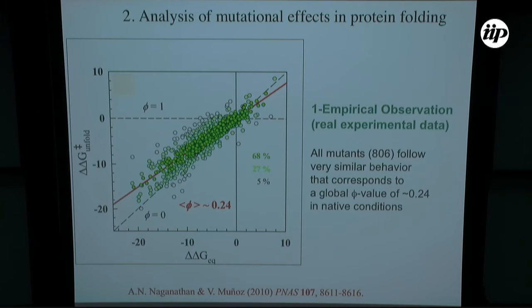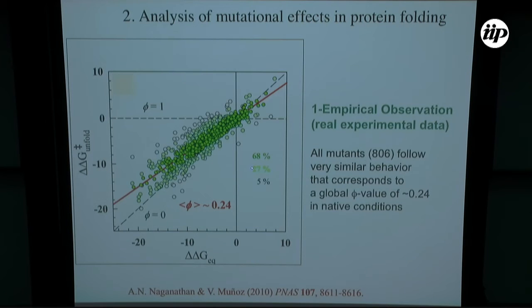So these are real experiments. This is the delta G in equilibrium. This is delta G for the kinetics of unfolding. And here what you can see, by the way, is that this is colored in 3 layers. The one standard deviation away from this line, which gives 0.24, by the way, is in dark green.